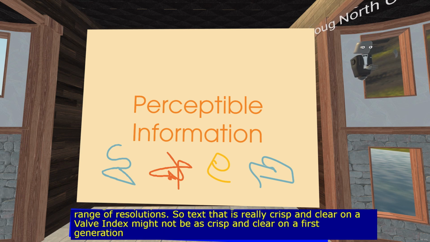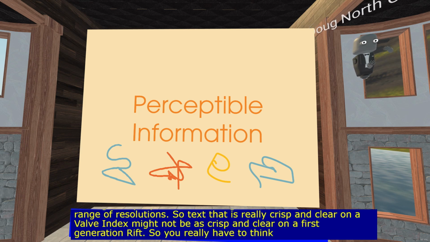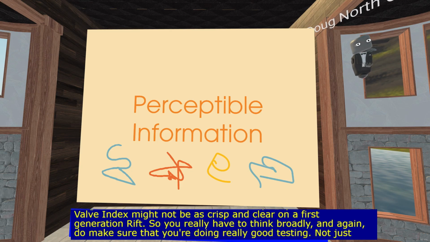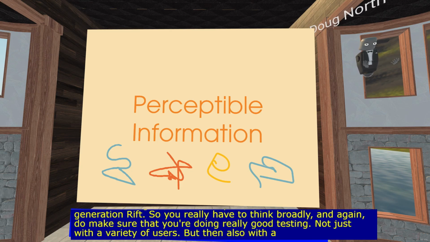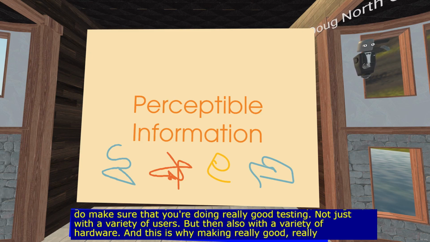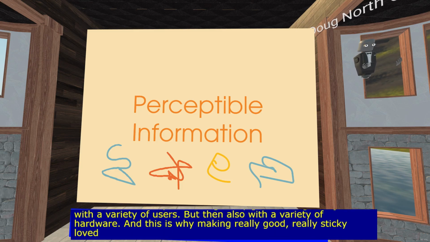So you really have to think broadly, and do make sure that you're doing really good testing, not just with a variety of users, but also with a variety of hardware. And this is why making really good, really sticky, really loved virtual reality experiences is so difficult.